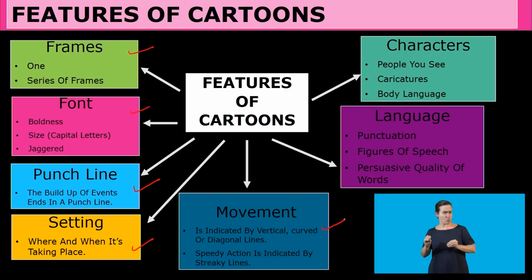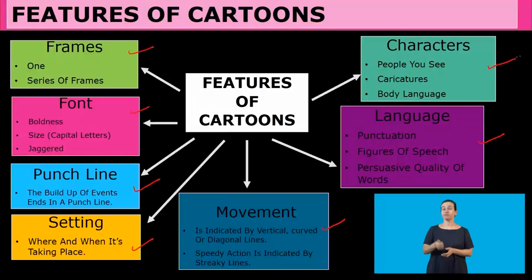Look at movement, okay? This is normally indicated by vertical, curved, or diagonal lines, and speedy action is normally indicated by streaky lines, all right. Another feature is your language. Look at punctuation, look at figures of speech, look at the persuasive quality of words.